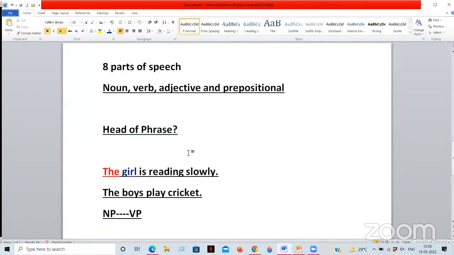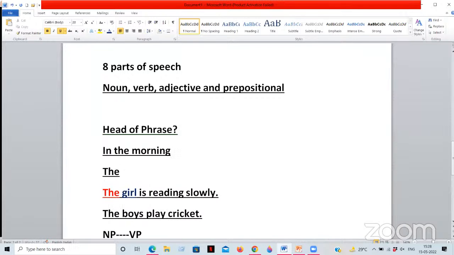If you have a phrase like, in the morning, the girls of the convent school, etc. Now see these two examples. That is, in the morning, and the next one is the girls of the convent school.